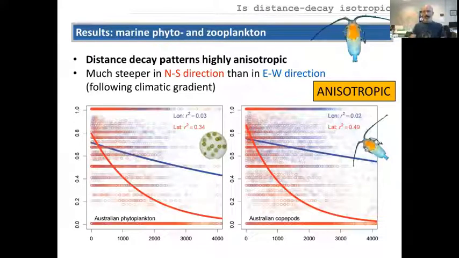So, what have we discovered with this? As predicted, in marine communities that are not, in principle, limited in their dispersal abilities, we see a huge anisotropy in which turnover is much faster in the north-south direction compared to the east-west direction, as we expect from the climatic rate.